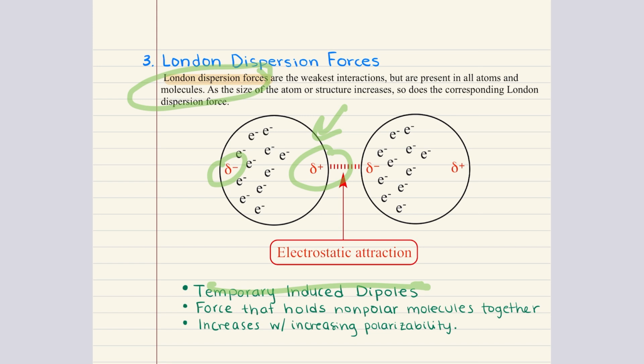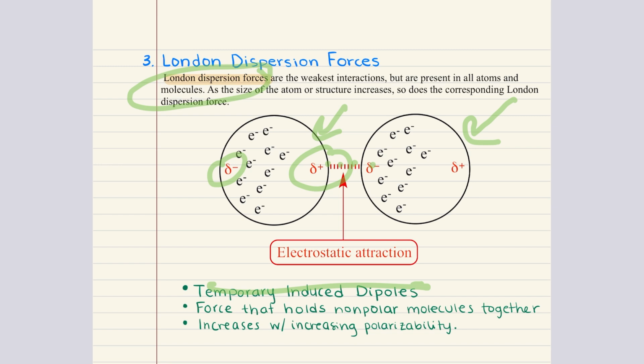This temporary dipole can then induce another dipole in a neighboring molecule, and that causes a momentary electrostatic attraction between 2 molecules. Because these dipoles are constantly moving, forming, and disappearing, London dispersion forces are weak and short-lived.